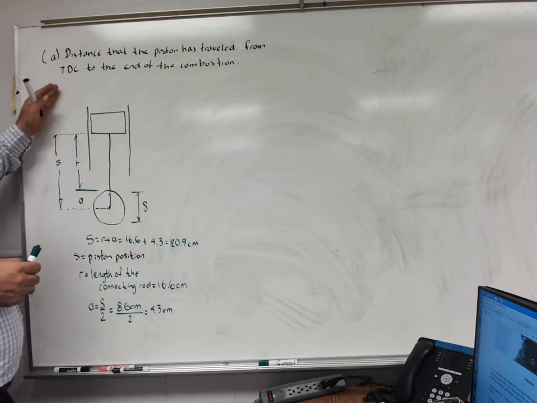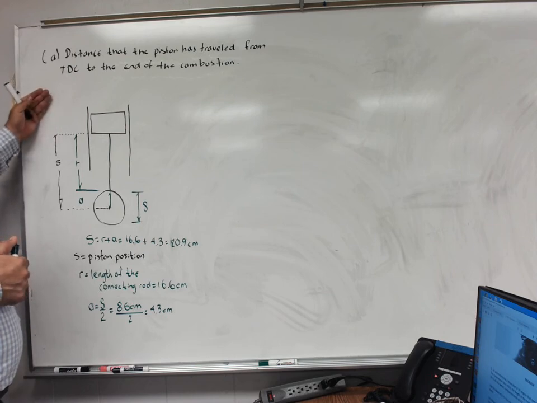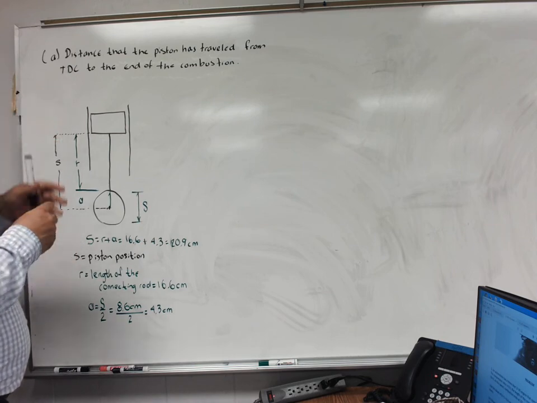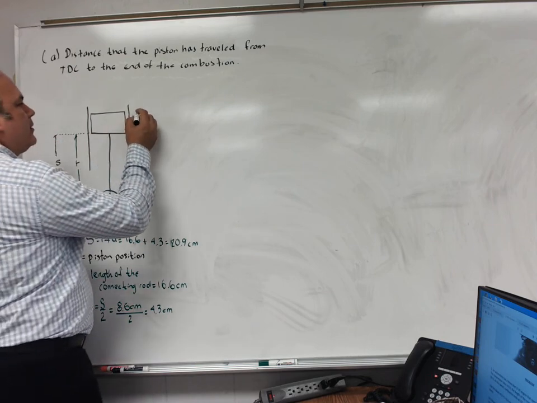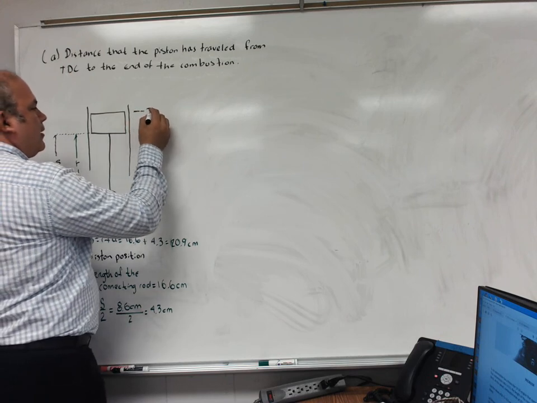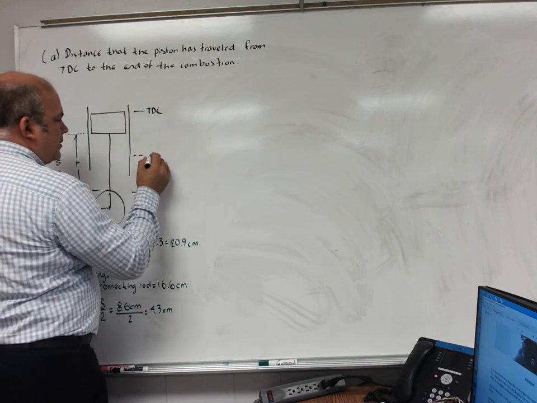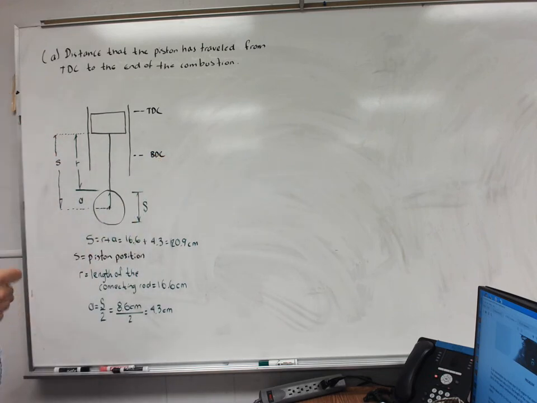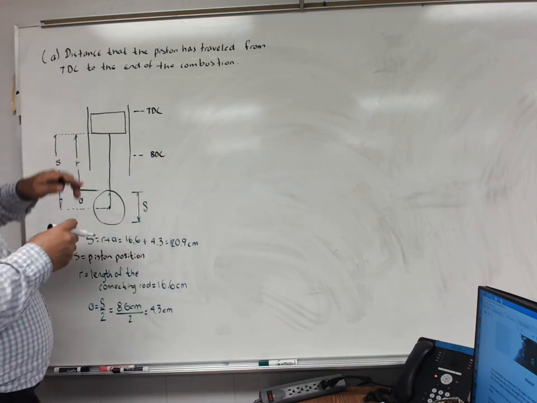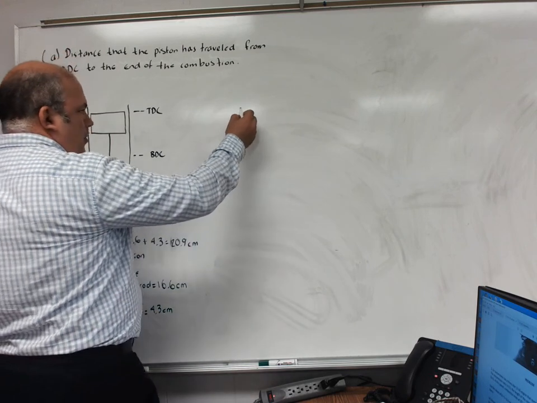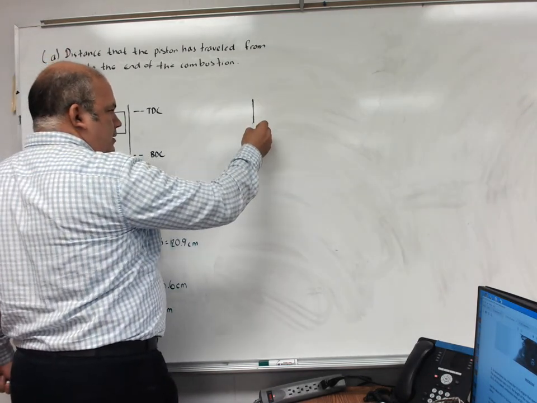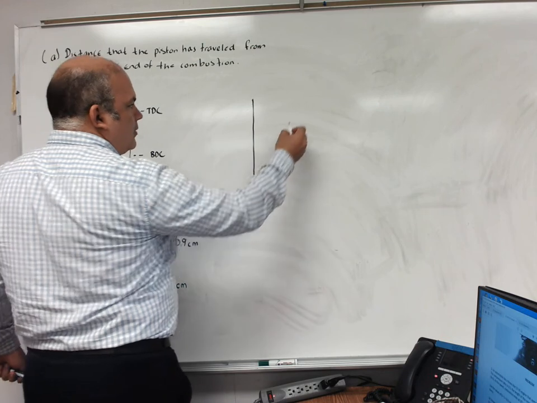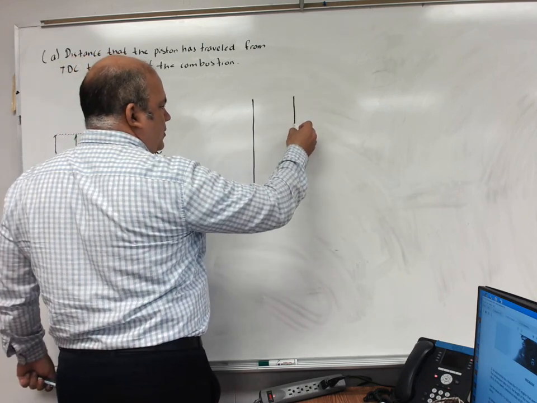Question: the distance that the piston has traveled from the top dead center. This is the top dead center. Bottom dead center. So what about this distance? Okay. We have it when we go to this second diagram that we saw during class.